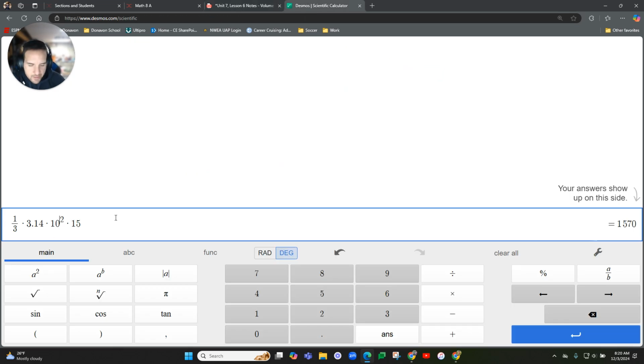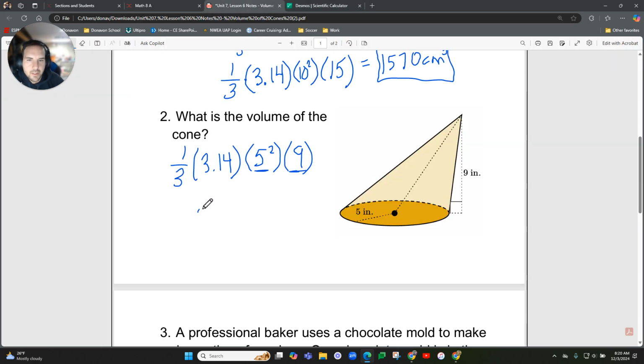Too early of a morning, I guess. All right, so I'm going to go in here and change the radius to 5 and the height to 9. And again, that's the nice thing about Desmos, it just saves the formula and you can keep using it over and over. So 235.5 is our answer.